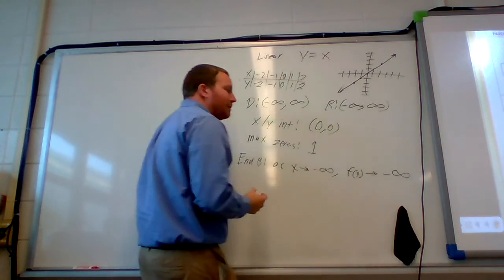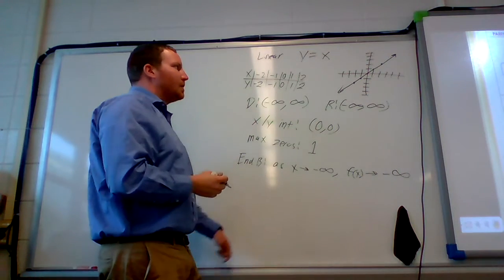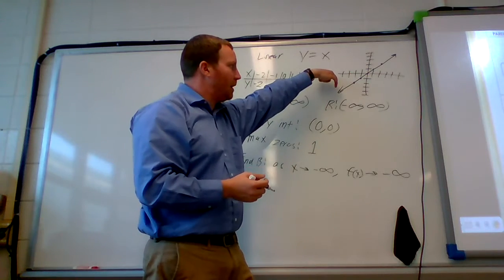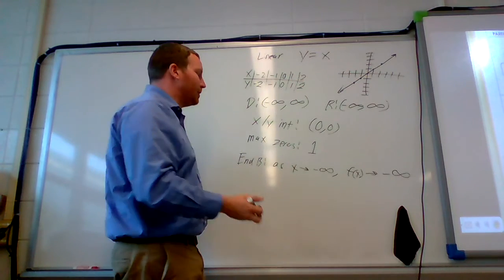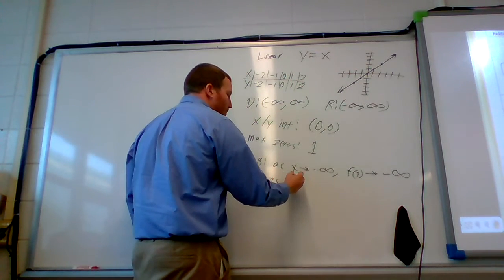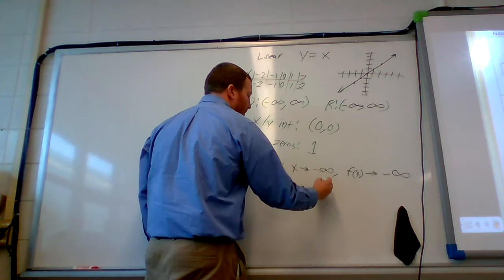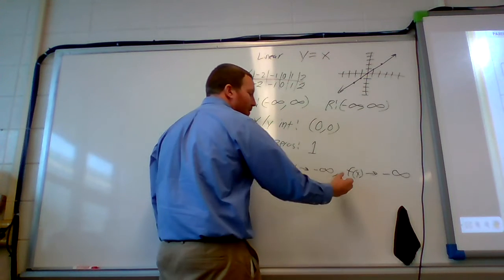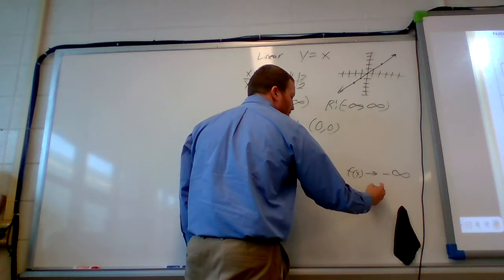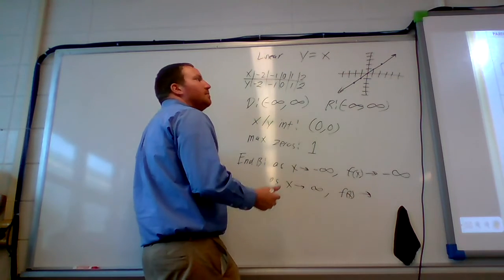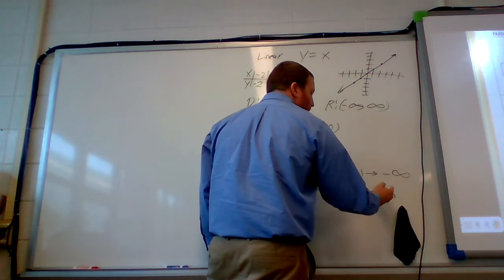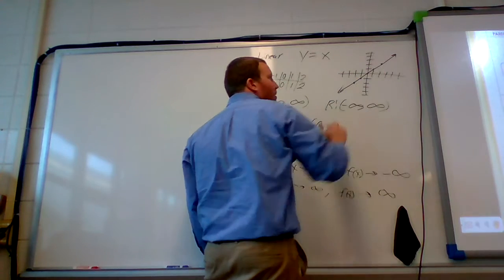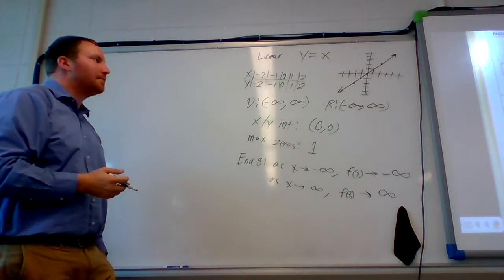So we get -infinity, right? So as we move to the left side, our arrow is going down, we're going to -infinity. As we go to the right side of the graph, so as x approaches positive infinity, f of x approaches positive infinity as well. Right? They're both going up. We have an increasing graph.